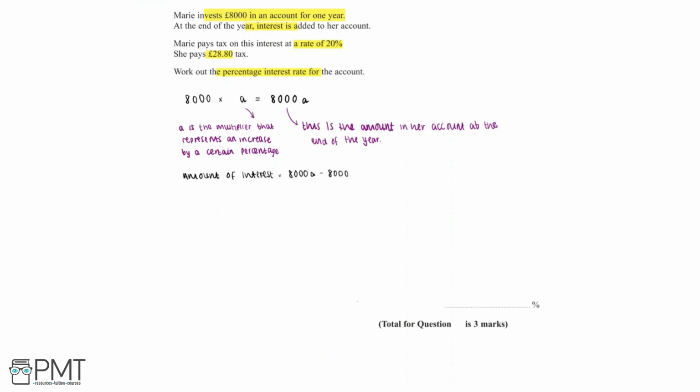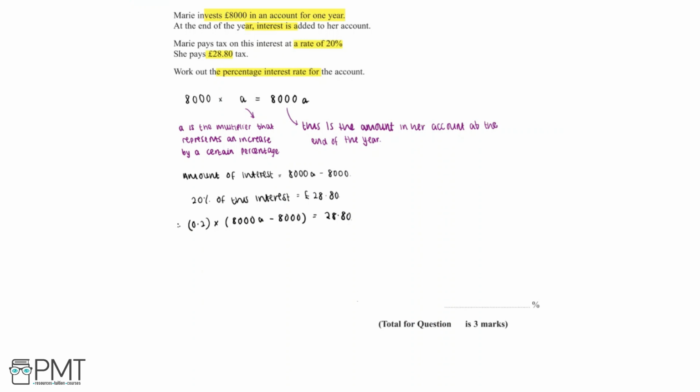Now Marie pays tax on this interest at a rate of 20%, and she ends up paying £28.80 tax. And so this means that 20% of this interest is equal to £28.80. And so we can say that 20% of 8,000A minus 8,000 is equal to 28.80. Now to find 20%, we multiply by 0.2.